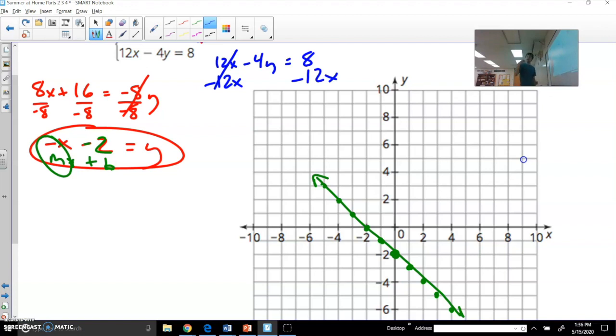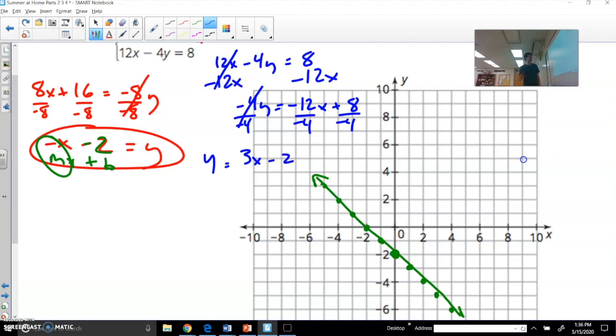It's adding to -4y, so let's use the subtraction property of equality there. And we don't actually combine these. 12 and 8 aren't like terms because 12 has that x on it. But let's finish out by dividing the -4 to the other side, and we get positive 3x minus 2.